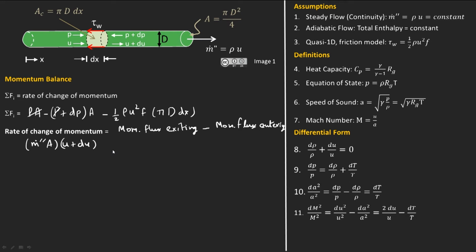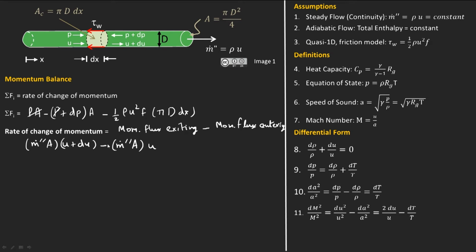Similarly, the mass flux entering the control volume is also m dot double prime, and hence the mass flow rate entering the control volume is m dot double prime multiplied by area, which gives the mass flow rate m dot, which multiplied by the speed with which the fluid is entering the control volume, u, gives us the momentum flux entering this control volume.